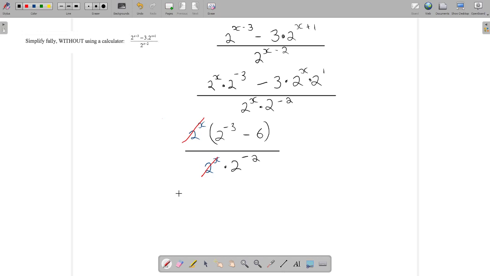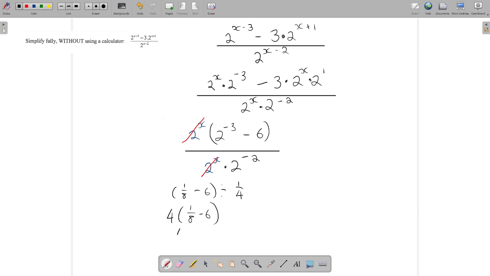So this is 1 over 8 minus 6, divided by 2^(-2), which is 1 over 4. So if you're dividing by a fraction, that's the same as multiplying by the inverse. So I've got 4 times (1/8 minus 6).